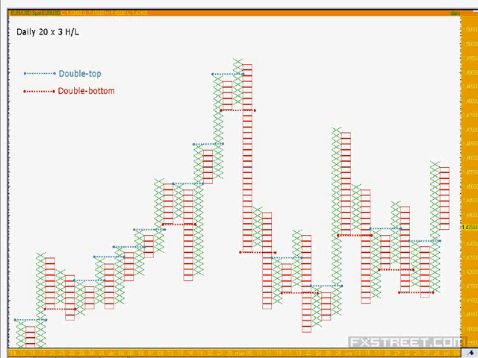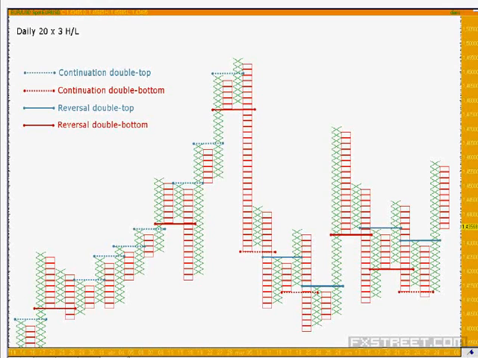We are good in time. Okay, so let's move on with the same chart, now recognizing also the reversal double tops and double bottoms. Okay, you see the dashed lines remain the continuation variants, and the straight lines you see the reversal variants. Okay, there are not so many in that case.